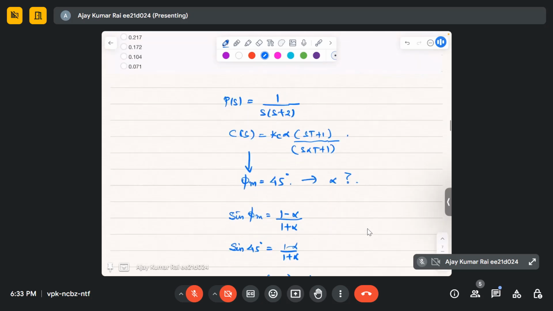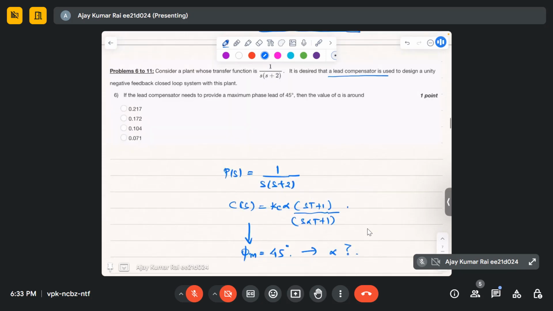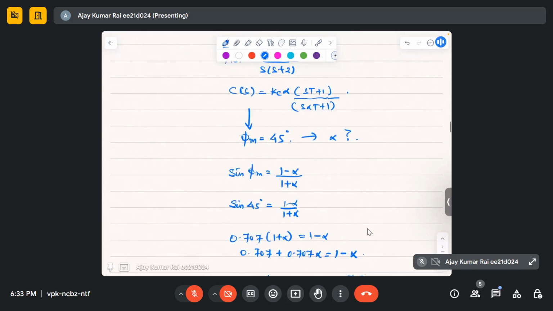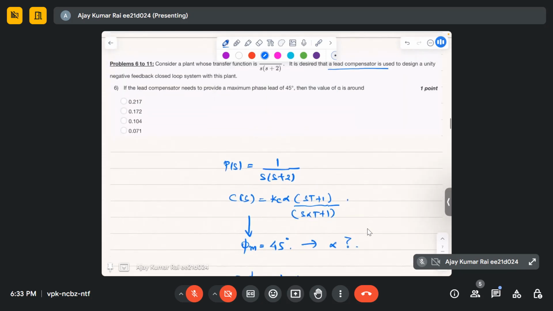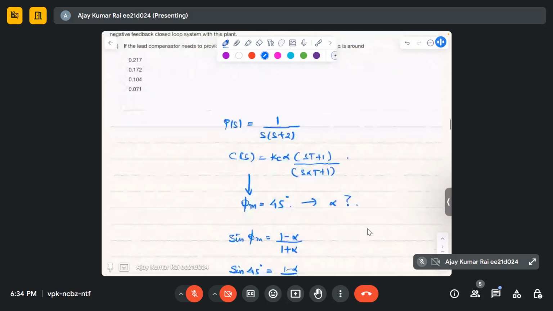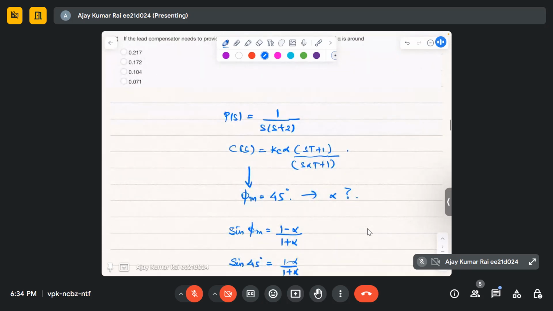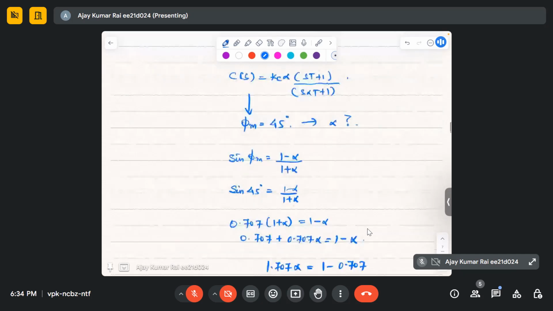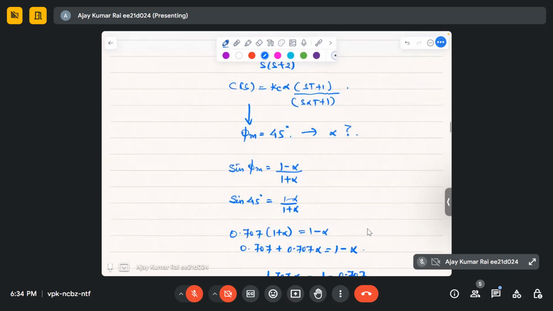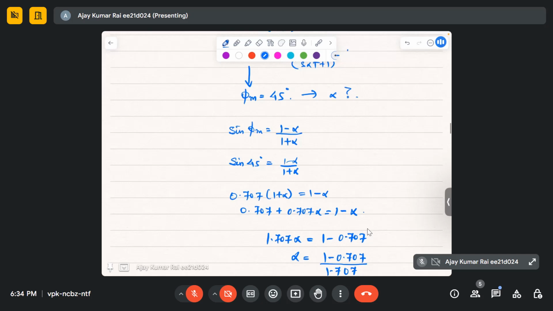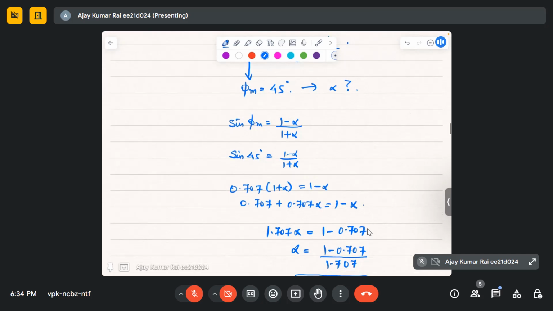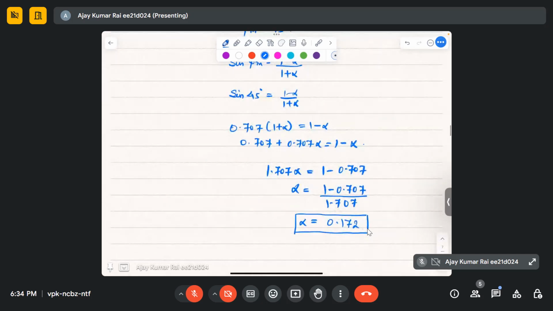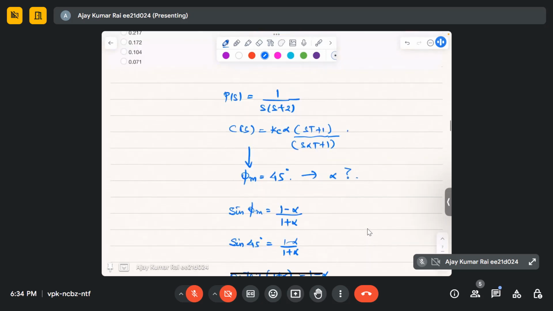So it's a very simple question, right? It has nothing to do with the plant transfer function. We have to get the maximum phase lead as 45 degrees. For that phase lead, we have to find out alpha, and we know the formula sin phi m equal to (1 minus alpha) by (1 plus alpha). From here, we have calculated the value of alpha, right? So any doubt in this question?